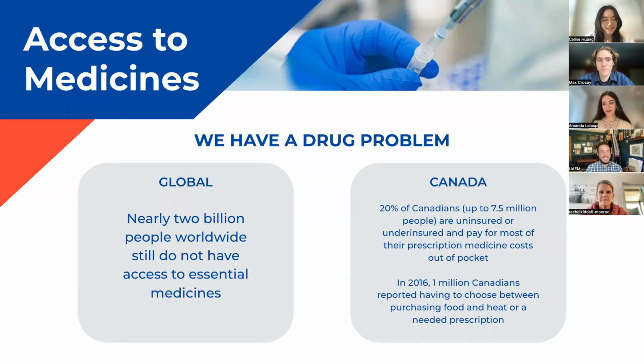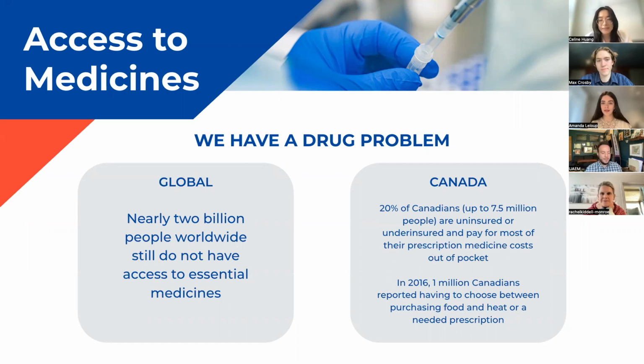So access to medicines, as we all know, is a fundamental part of the basic universal human right to health. But despite this, a lack of equitable access to medicine still massively persists across the world and in Canada. It's still a huge problem for billions of people every single day. Globally, there are nearly 2 billion people worldwide who still don't have access to essential medicines.